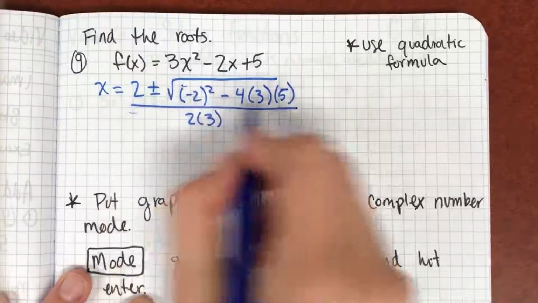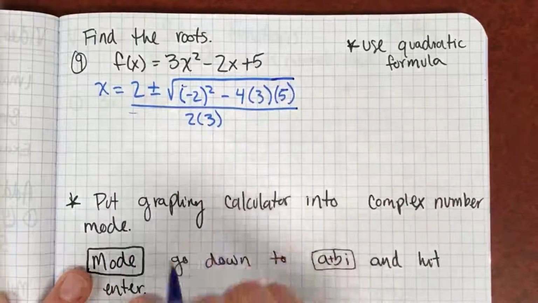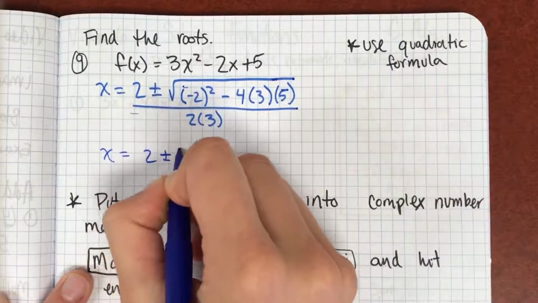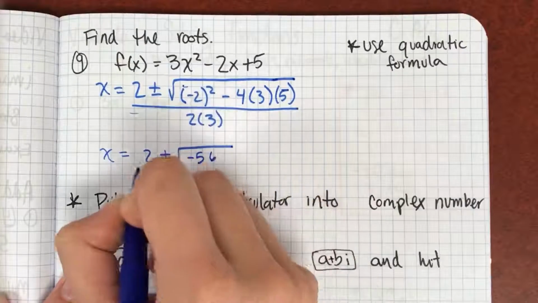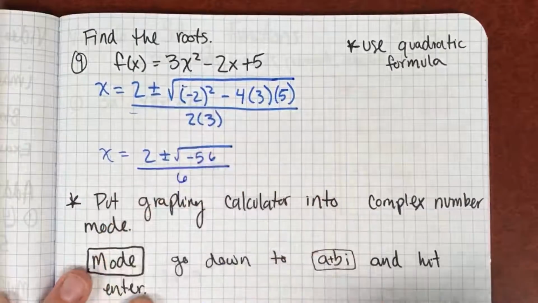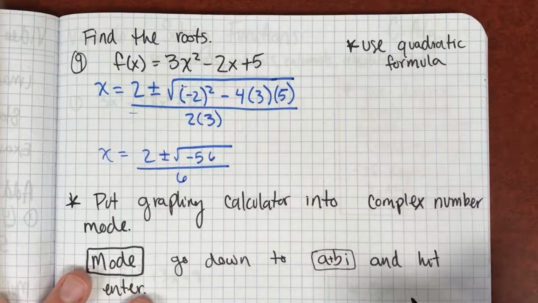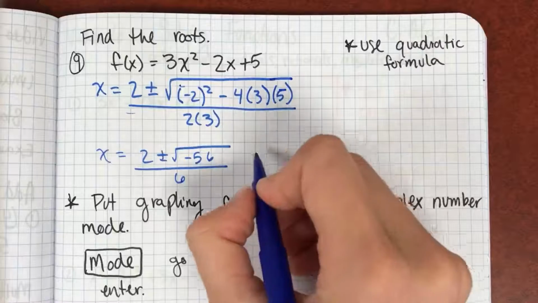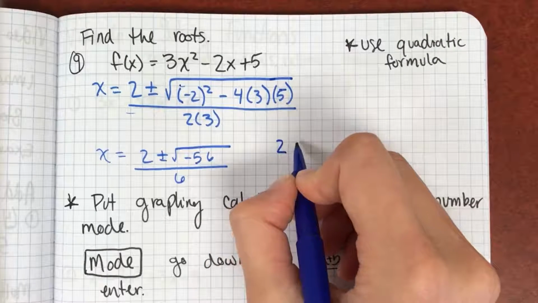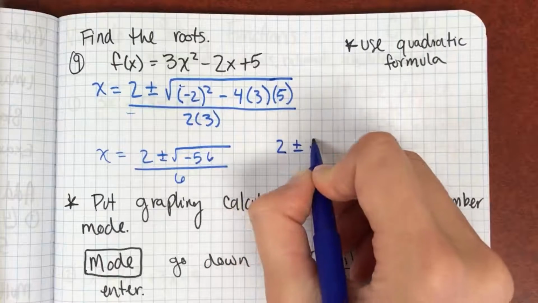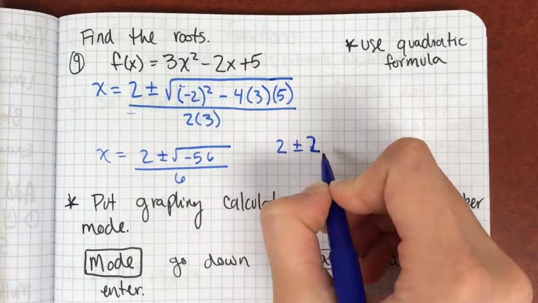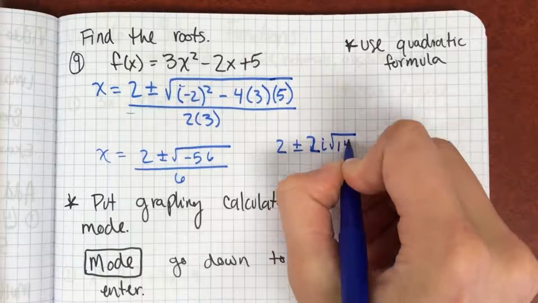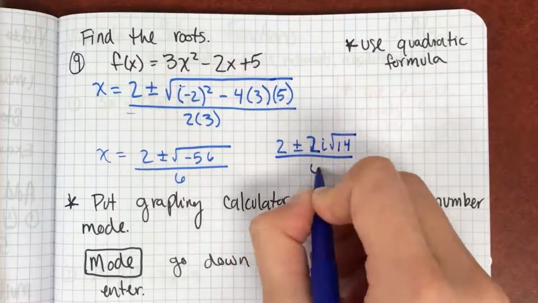Once we figure out what's underneath our square root, this simplifies to 2 plus or minus the square root of negative 56 over 6. We can reduce that radical, and we've got 2 plus or minus 2i square root of 14 over 6.